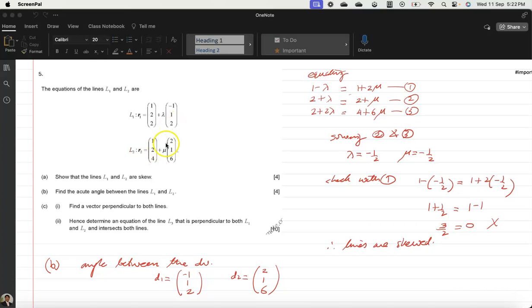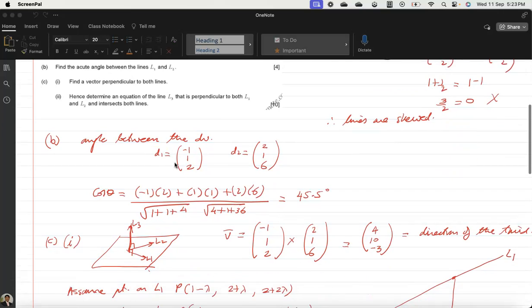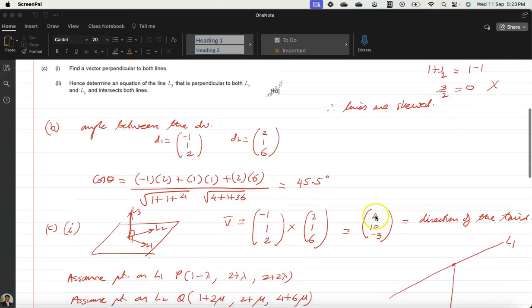The direction vector of the second line is 2, 1, 6. So now you take the cross product. You can use your calculator to find the cross product, and your cross product will come to 4, 10, minus 3. So this is a concept you need to remember: the third vector is the cross product of your direction vectors.